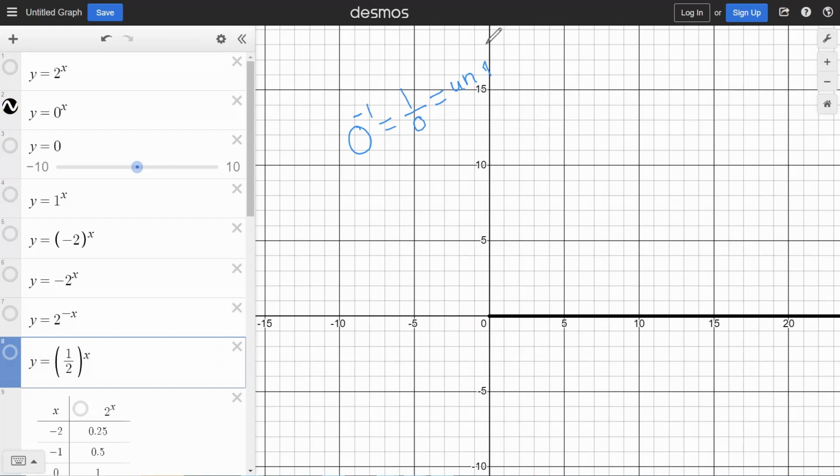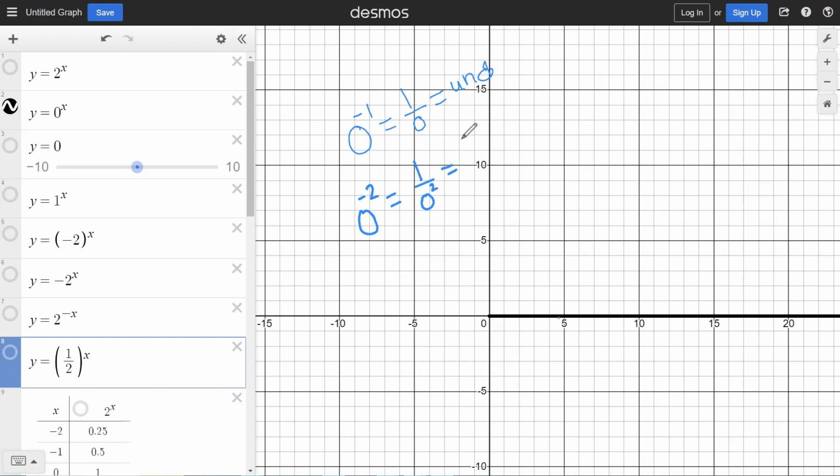And when I'm doing any other 0 to a negative power, so let's say I'm having 0 to the negative second, that is going to be 1 over 0 squared. Okay, it's going to be the reciprocal of 0 squared.